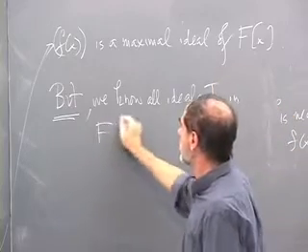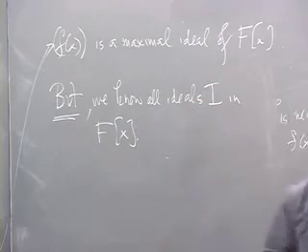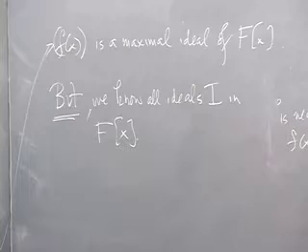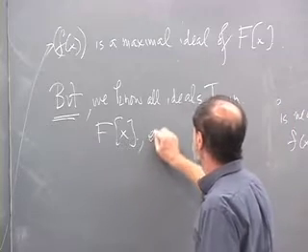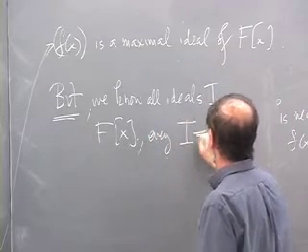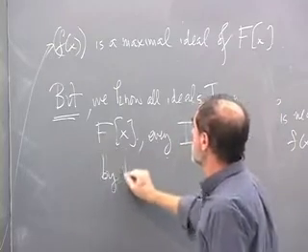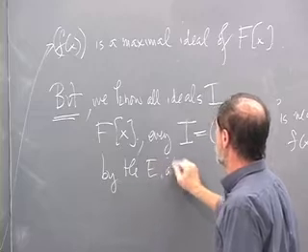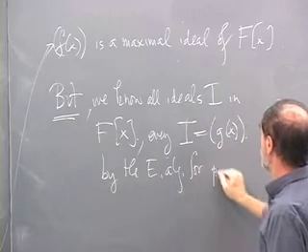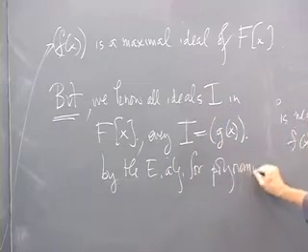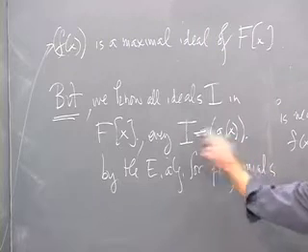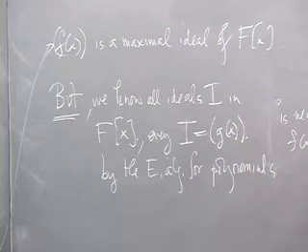We determine them just like we determine all the ideals of the integers. They're the ideals generated by multiples of fixed polynomials. Every ideal is just multiples of some fixed polynomial by the Euclidean algorithm for polynomials. And remember that this was the polynomial in the ideal which had least degree.